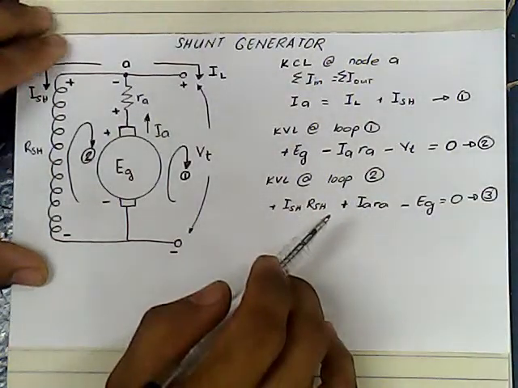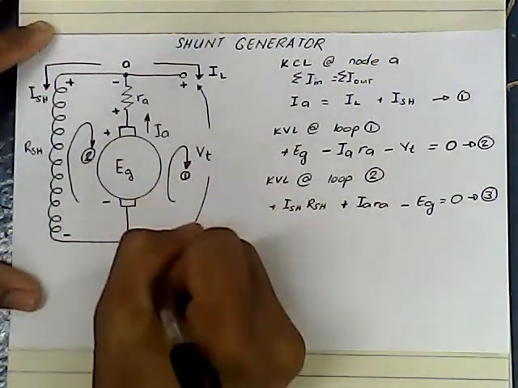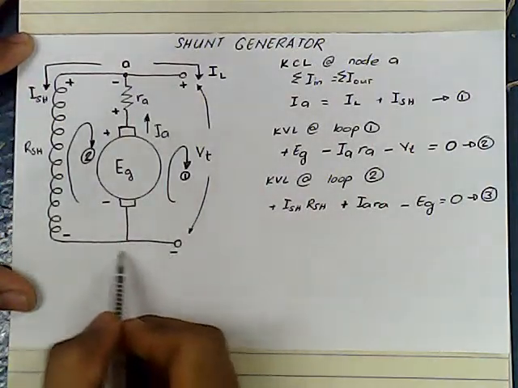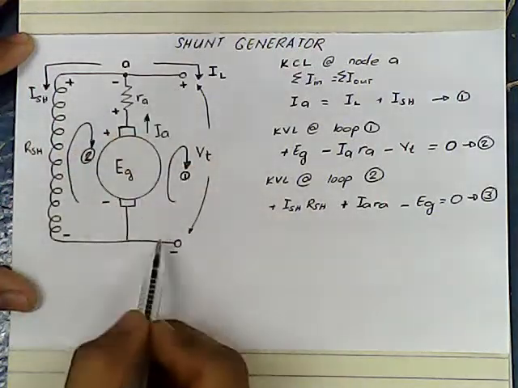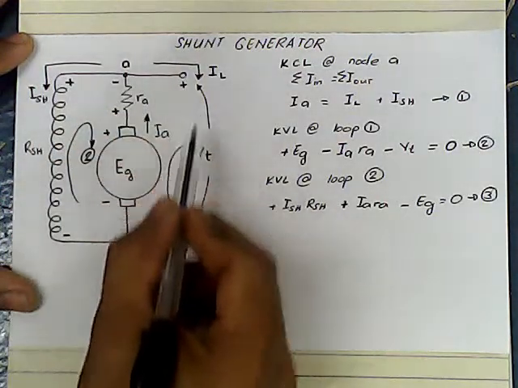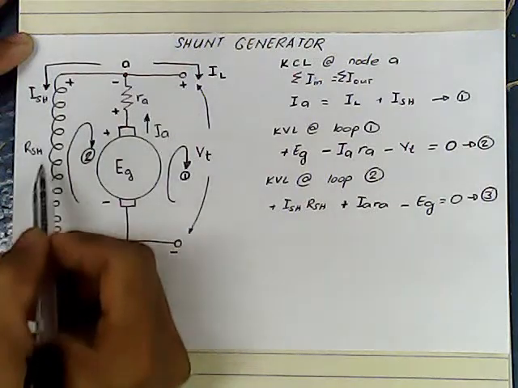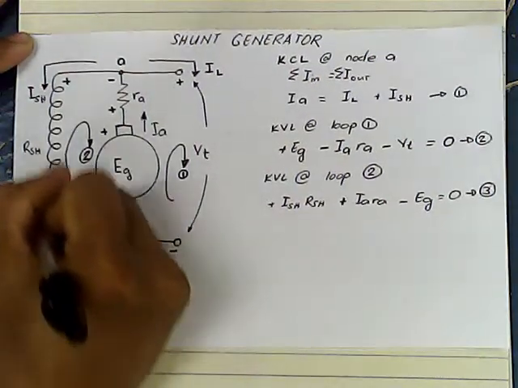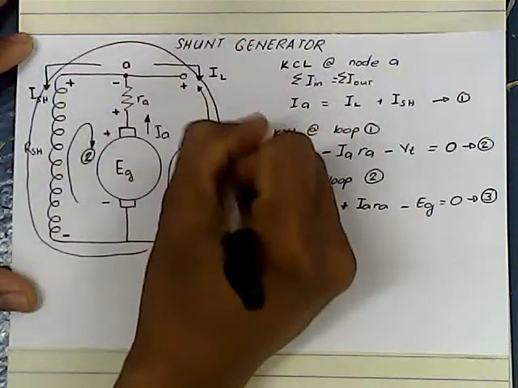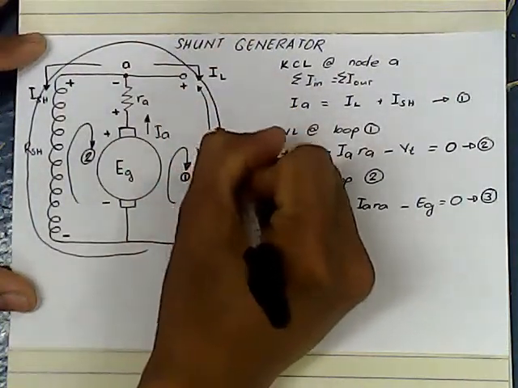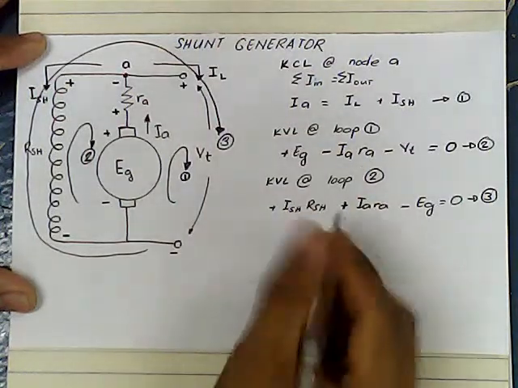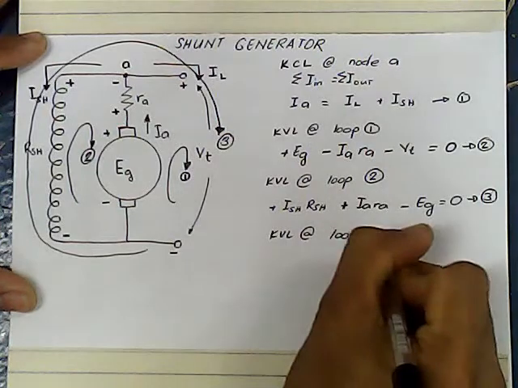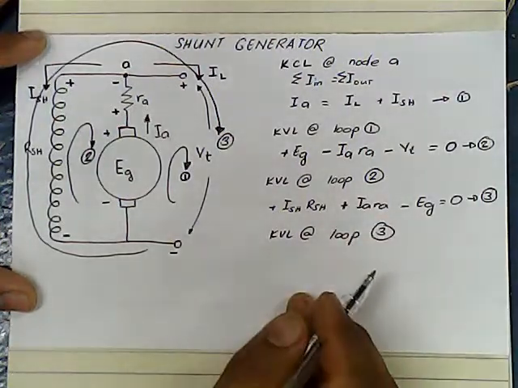3. Okay, next, yung establish naman nating loop, magmumula dito sa ating, okay, sa terminal voltage, papunta doon sa pabalik niya, dadaan siya dito sa field natin. Okay, so, ito ang ating loop number 3. So, KVL at loop number 3.